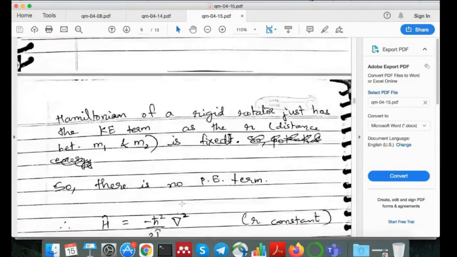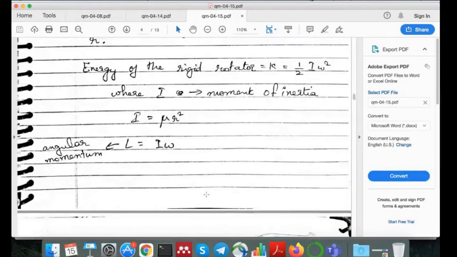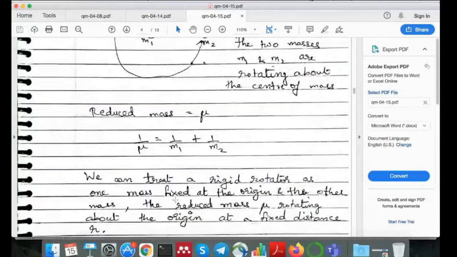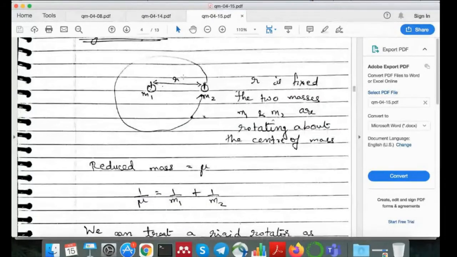Now the Hamiltonian of a rigid rotator. Because it's only moving about that origin, there is only kinetic energy. So the Hamiltonian is given only by the kinetic energy of the system. There is no potential energy, because generally potential energy depends on the distance r, but in this case r is always fixed.